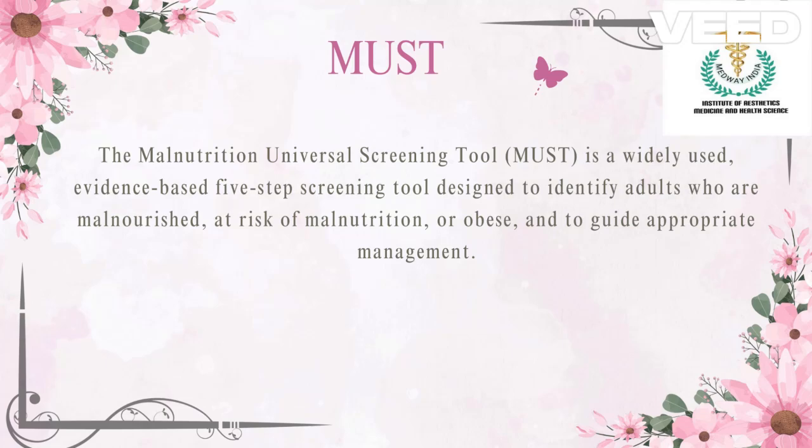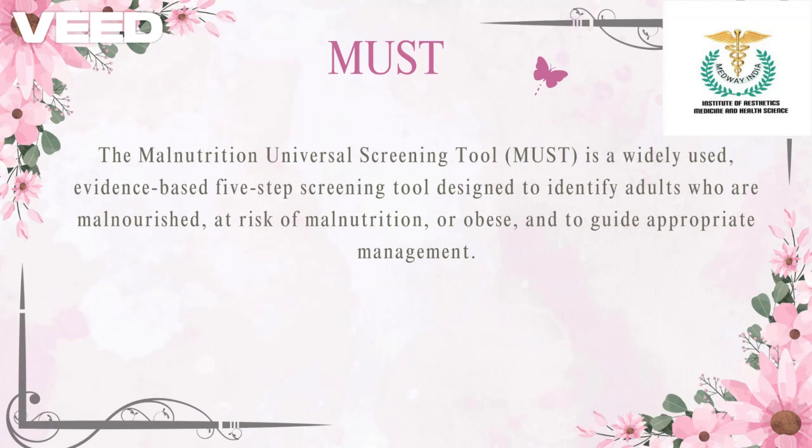Malnutrition includes undernutrition and overnutrition both. This MUST is a five-step screening tool designed for adults to take care of undernutrition and also overnutrition.